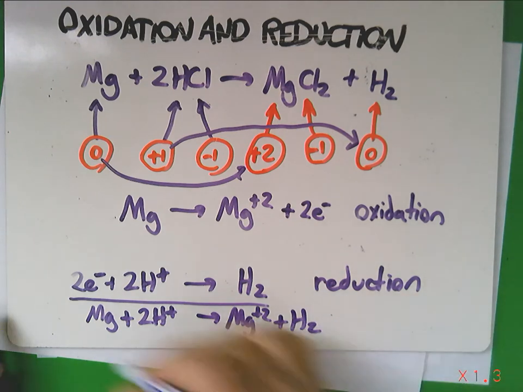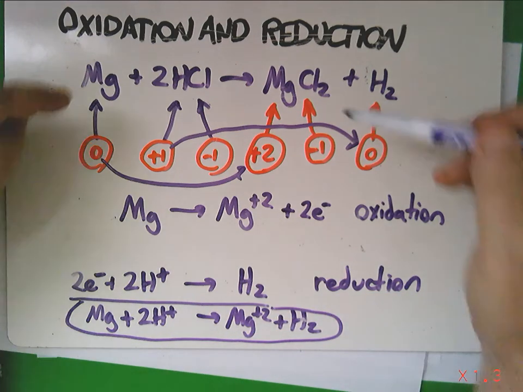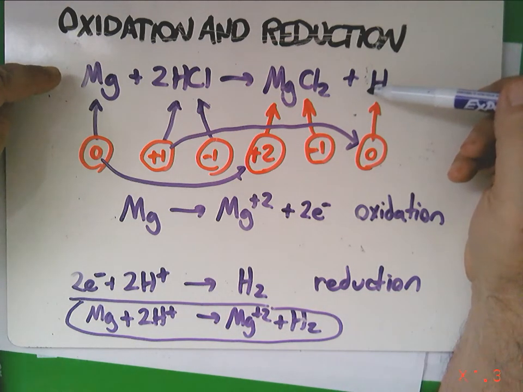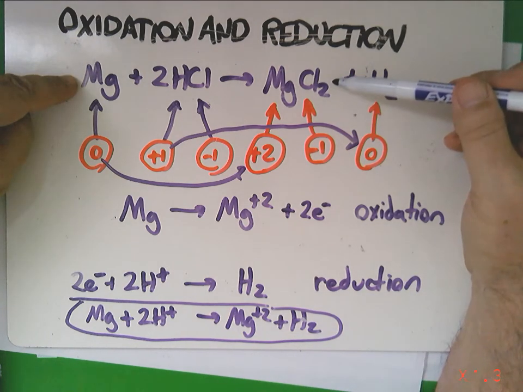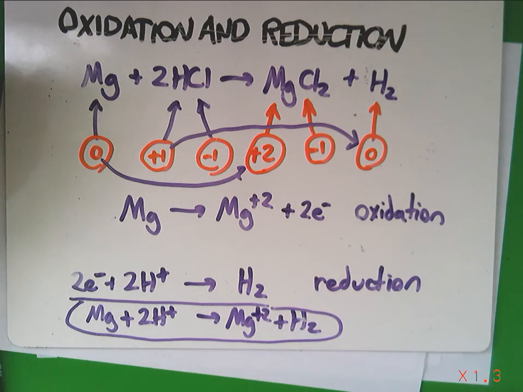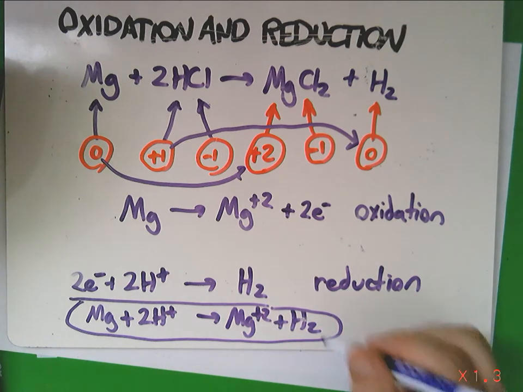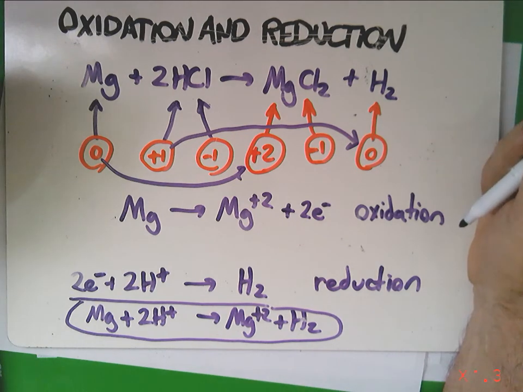So this reaction here that I've written is kind of the heart of this one up here. This is essentially what's going on. The chloride ions are just in the background neutralizing some of these charges. They don't actually participate in the reaction, so I can write the reaction down this way, or I can write it down this way. Either one is correct.